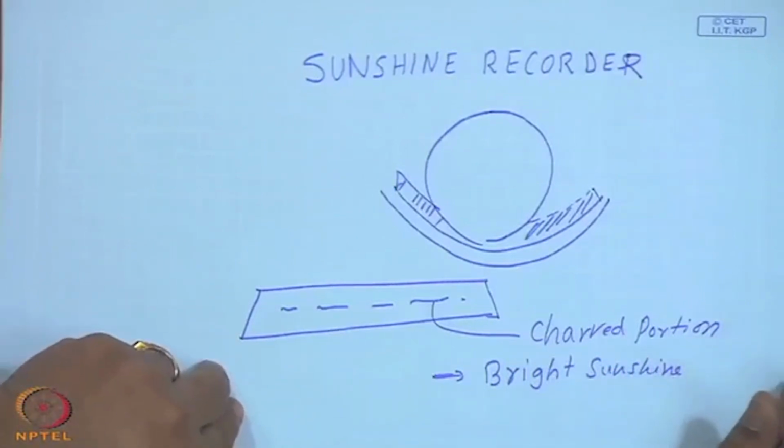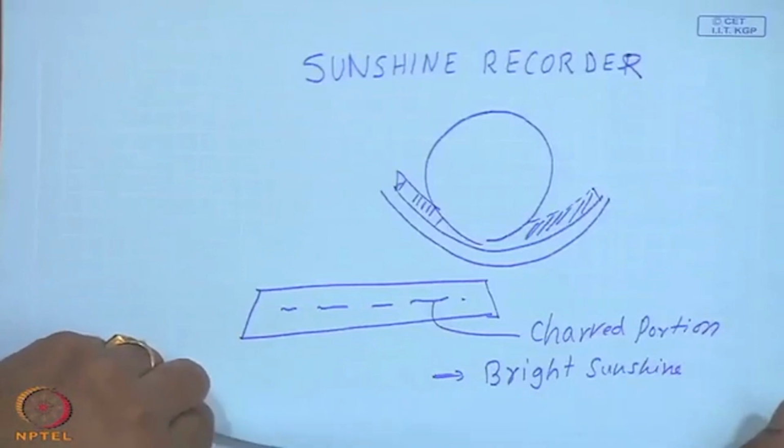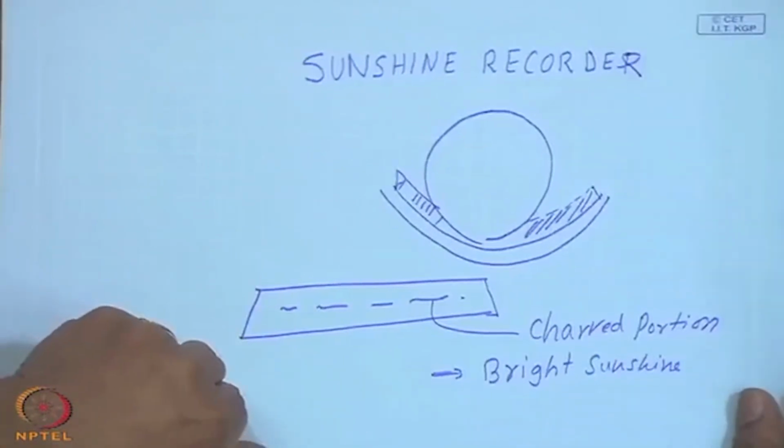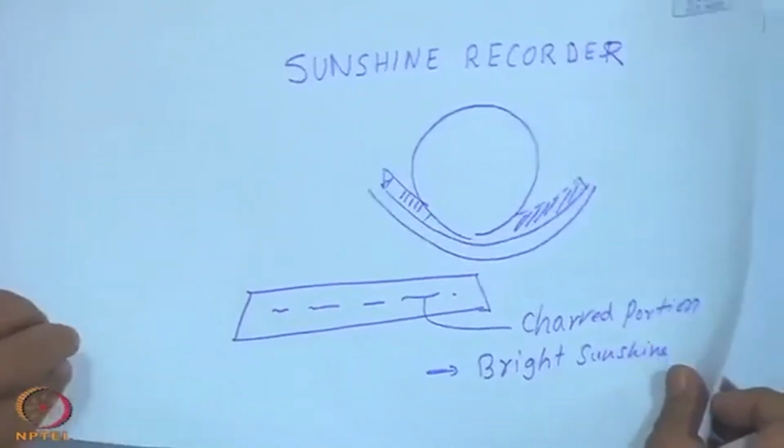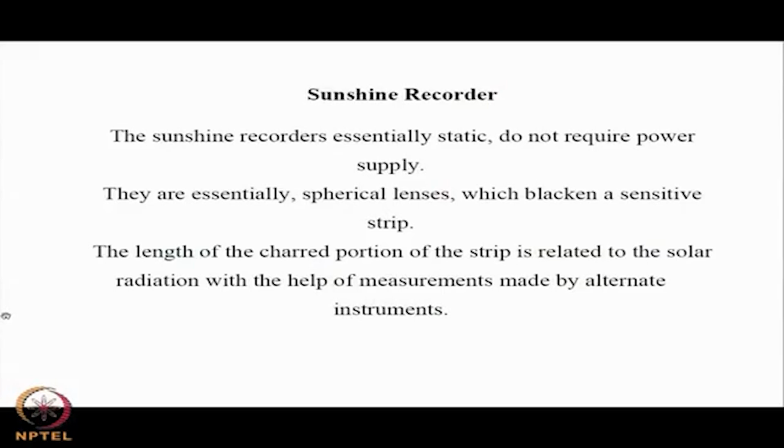Out of a possible 12 hours or 13 hours of solar radiation, if somebody finds 6 hours to be of bright sunshine, they can relate it to the total number of hours of sunshine possible on a particular day in the location to the total amount, which is approximate, but there have to be empirical constants usually derived based upon the location. So, these constants will give pretty accurate result for that location or a location with similar climate.